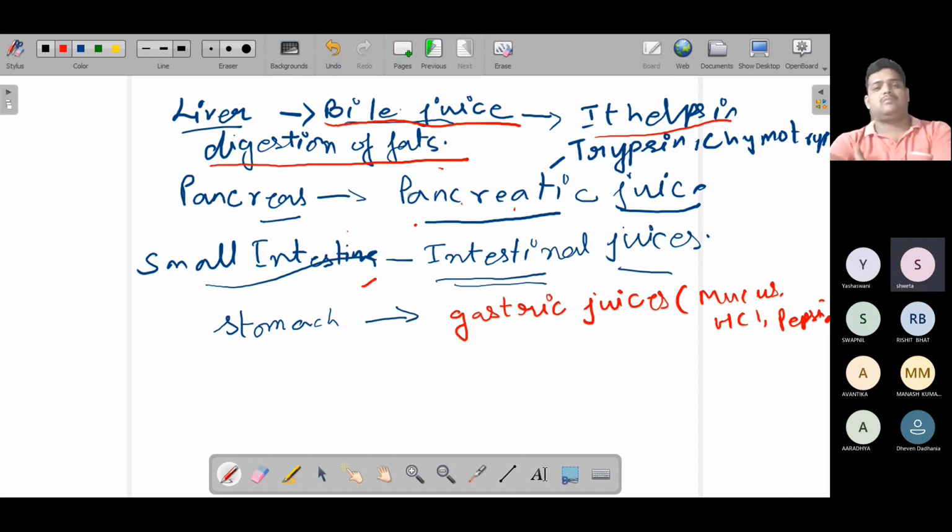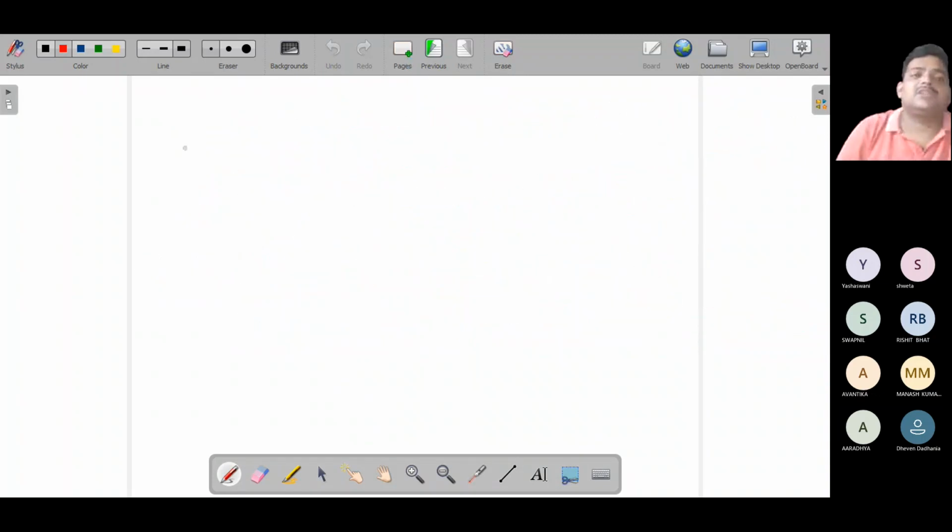Yes, sir. Okay, now I am telling something more about the small intestine. See, this part tells us complete digestion. We have done digestion in human beings, so complete digestion has been done. Now we will be doing the structure of our small intestine.